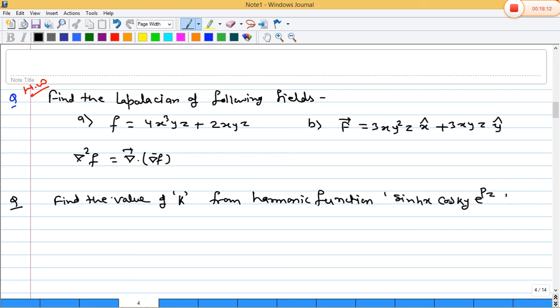Then we have to find the value of k. What will be the value of k? For this I am going to give hints. This one will be 0. Why? Because in a harmonic function the Laplacian of any scalar will be 0. So you can say this field is a harmonic function.